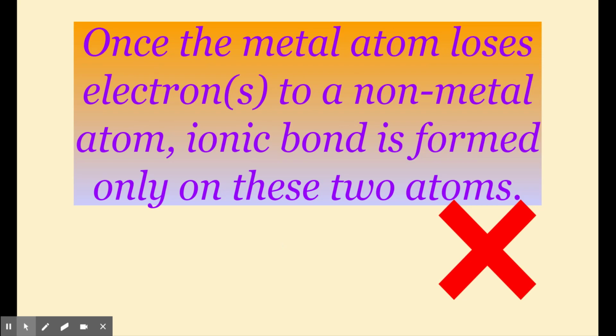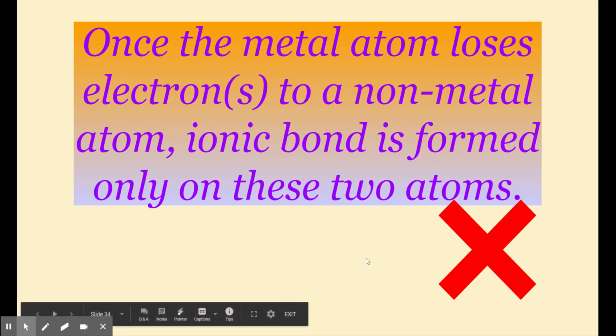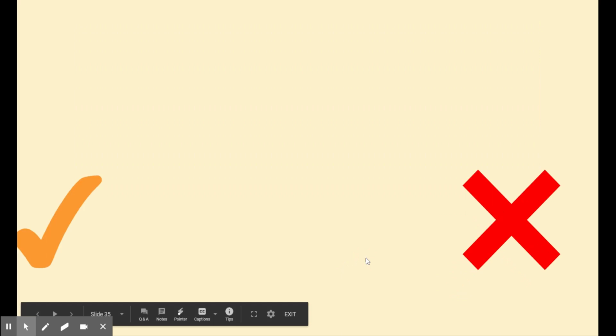So it is not necessarily that a metal loses electrons and forms attraction with a non-metal that gains the electrons from it. There could be many possibilities.